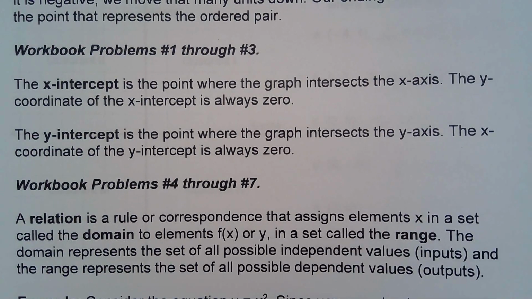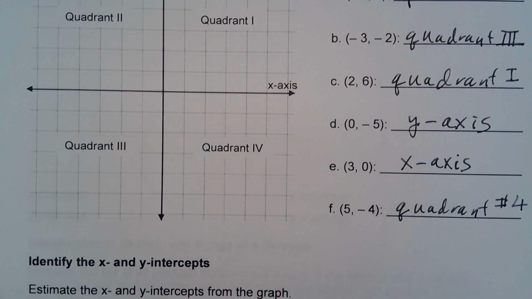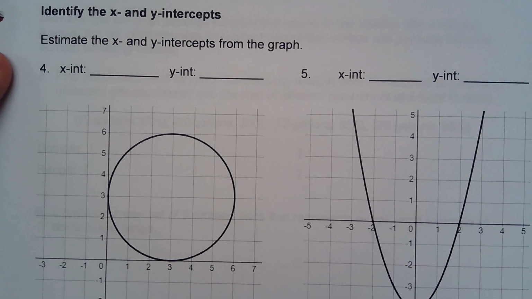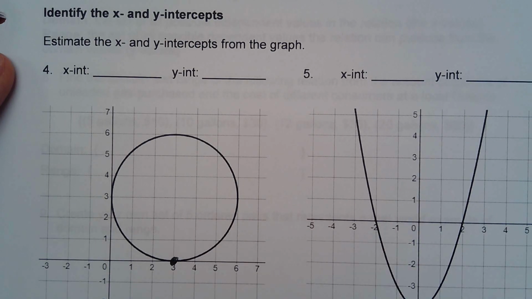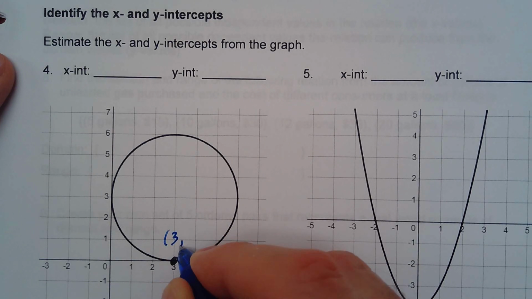So let's take a look at this problem. I want to estimate the x and y intercepts. Let's do the x-intercept. Here's where it intersects the x-axis. It's at x equals 3.